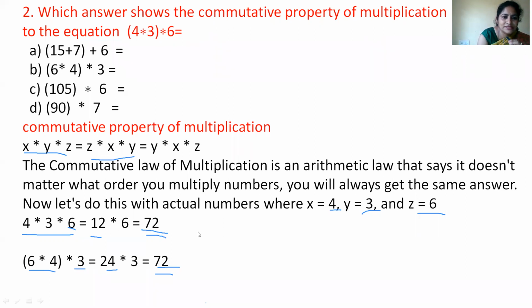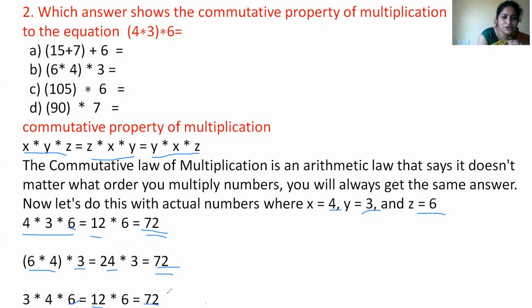Now we shall see when it is substituted in the other form, that is y into x into z. So we get 3 into 4, which is equal to 12, and into 6, which is equal to 72.